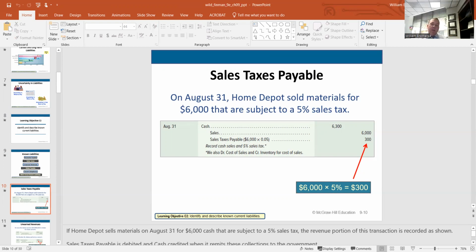That goes into a liability account because that sales tax must be remitted at a later time. It's an obligation for them, because as they have sold and recognized revenue, they now have to pay that back at a later time. And that's what we're looking at there.